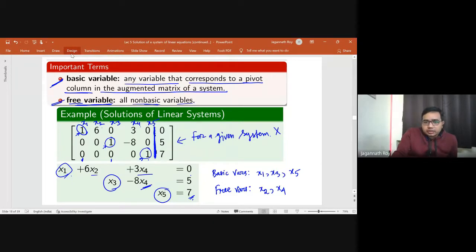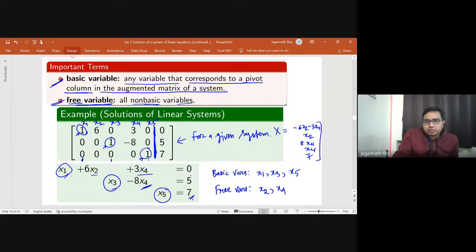x1 is of this form: minus 6x2 minus 3x4, then x2, then x3 becomes 8x4, and then x4, and then x5 is 7.